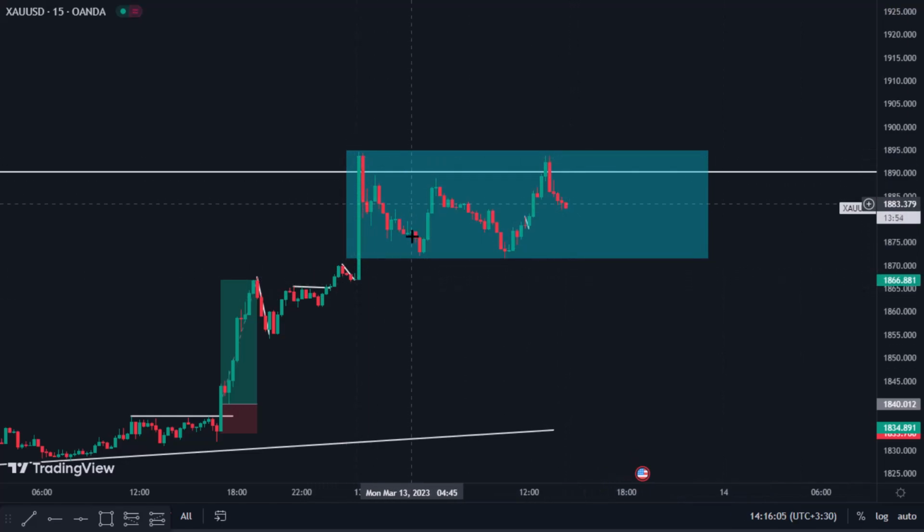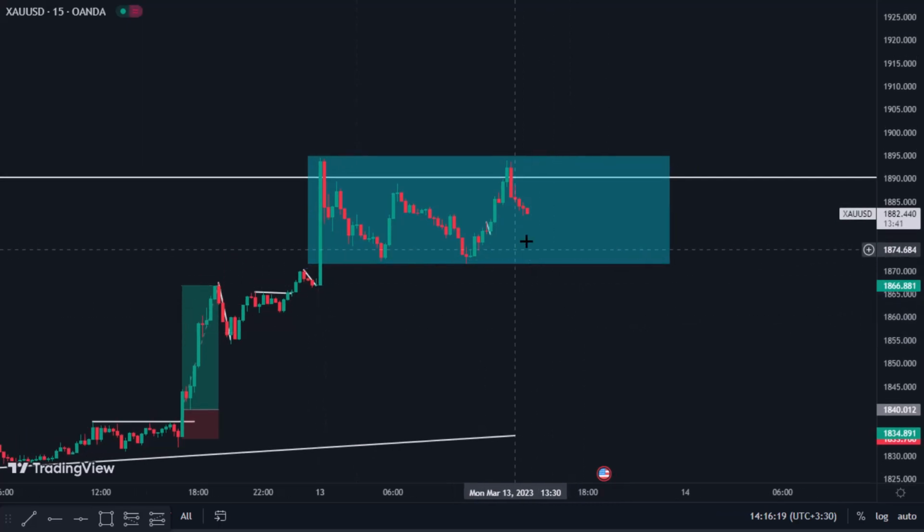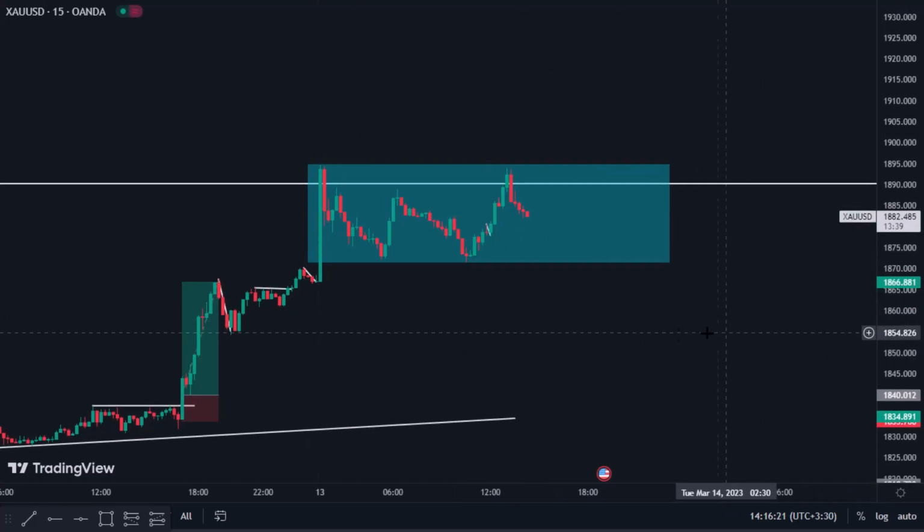Price is going up and down, and again up, and I believe again down. We might break this support, this level here, and we can start falling, as we have this resistance area on the 4-hour time frame. Yeah, this is all about gold's analysis today.